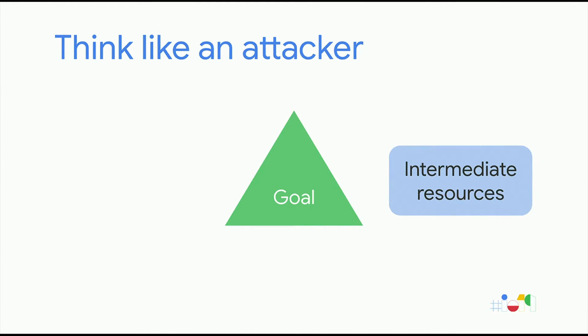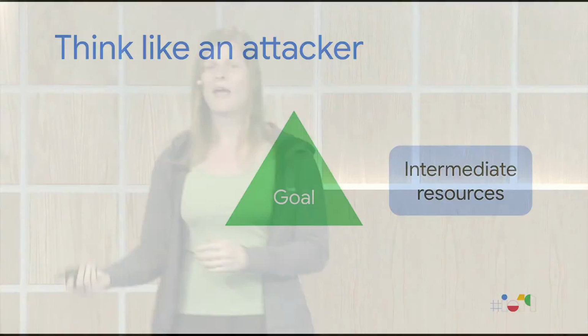So an attacker is going to look for intermediate resources. They're going to investigate your environment and try to find different things that they can take advantage of to pivot and move around and make it further into your system. These intermediate resources could be things like servers running in a cluster, but they could also be things like libraries you depend on or even your developers themselves.